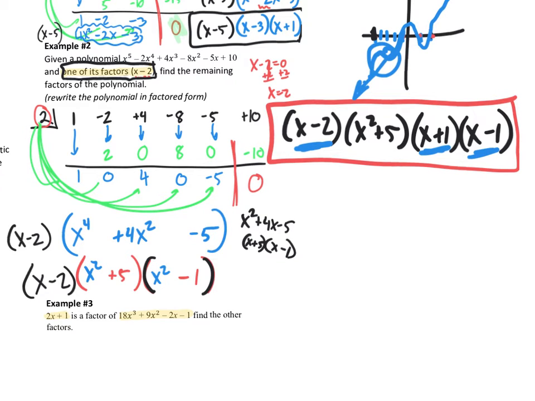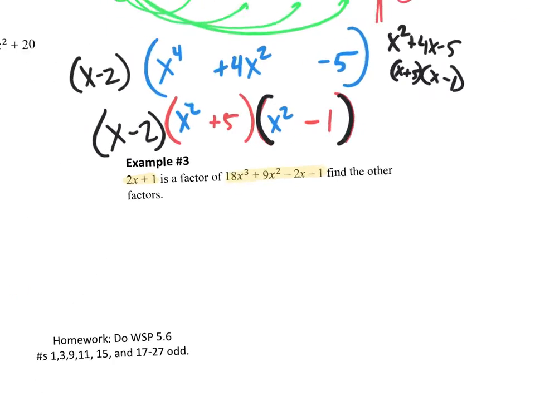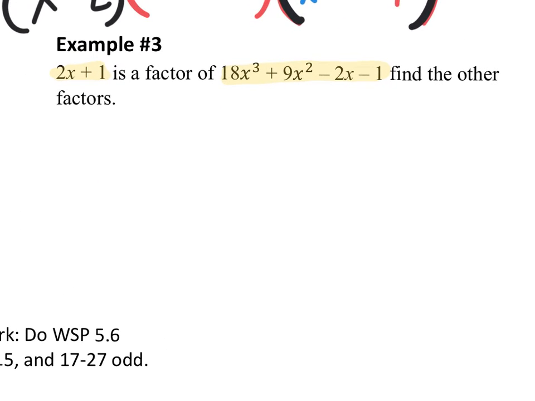So normally I say just think opposite of the constant, but you can't do that on this one because your constant is 1 and the value you're going to plug into the box is not -1. That would be incorrect. What you have to do is take the 2x plus 1 and set that equal to 0. So you could actually see what value you're going to be plugging in, okay? Because that would be a solution.